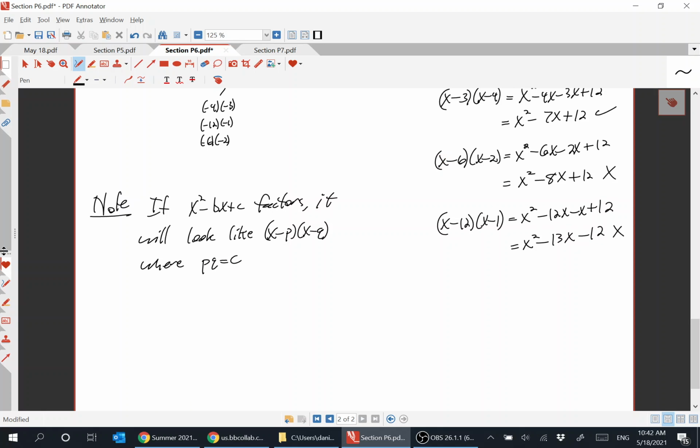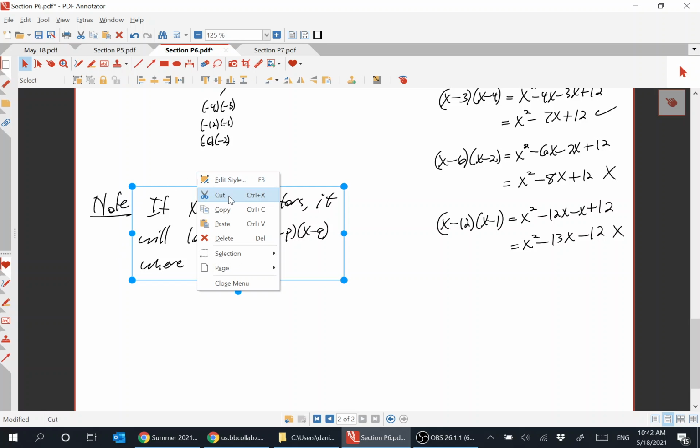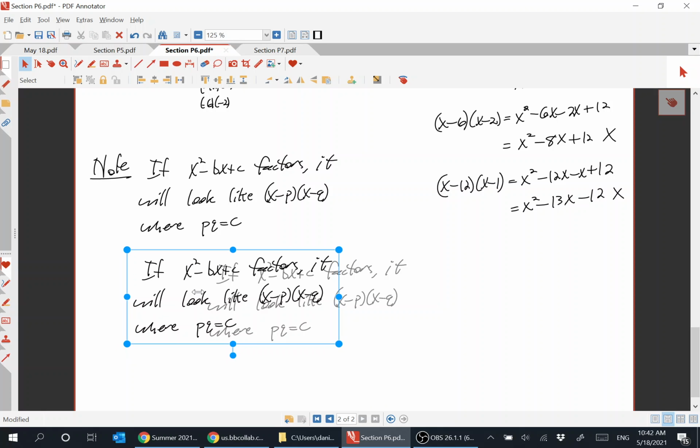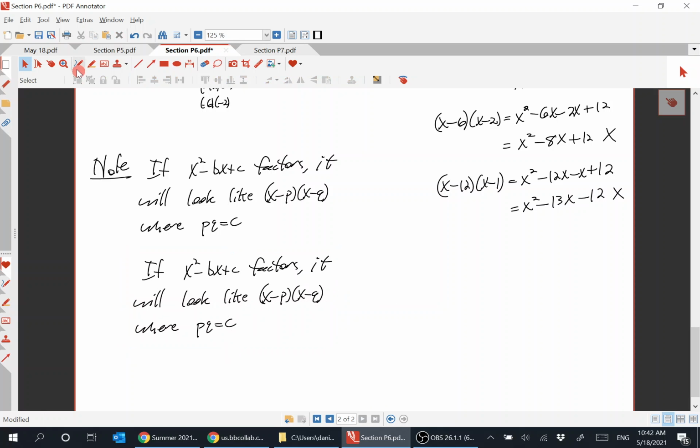Similarly, where p times q is equal to c and p plus q is equal to b. If instead there's a plus here, x squared plus bx plus c, then it's going to be x plus p, x plus q, where p times q is equal to c and p plus q is equal to b.